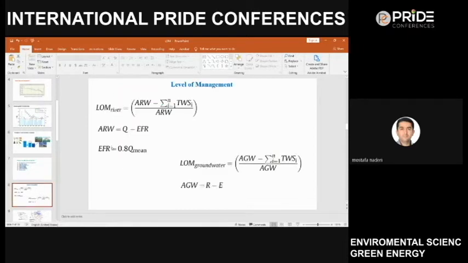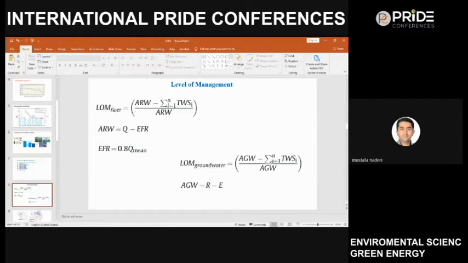Okay, level of management. So the level of management can be calculated for a river using this formula, in which this is the available river water minus total water supply, to the available river water at the initial.